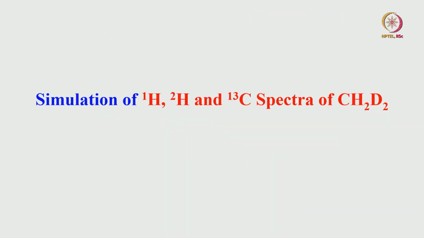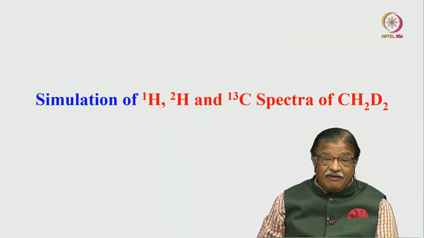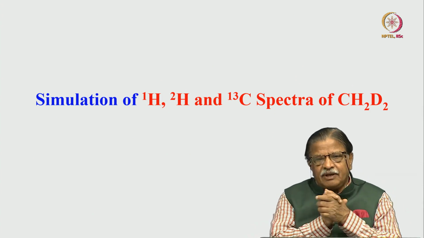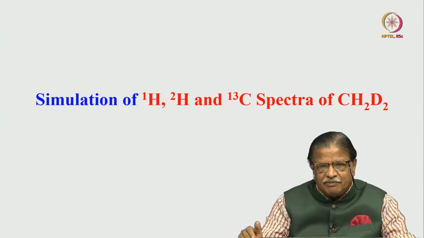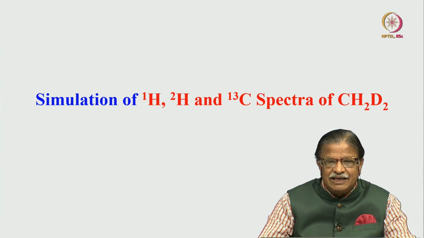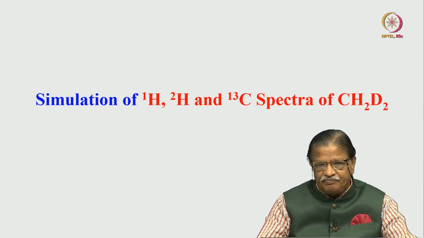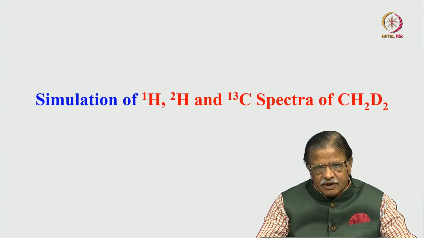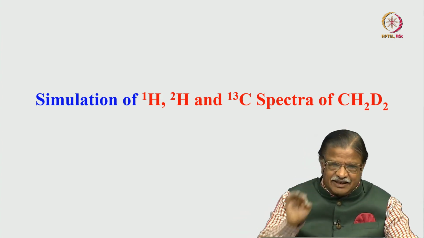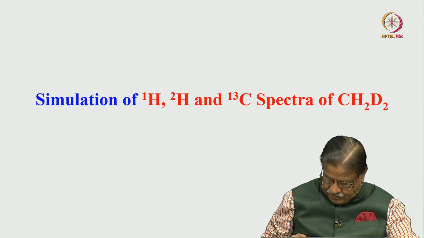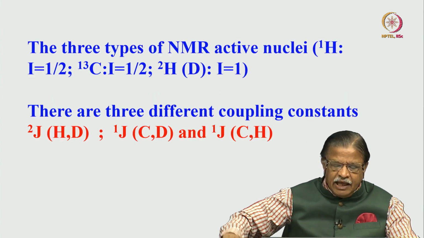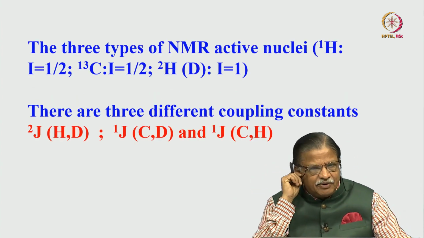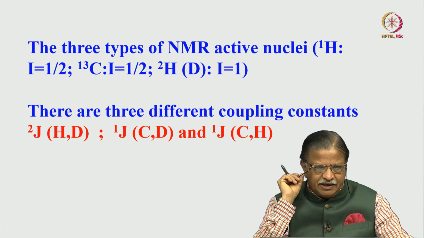Okay, we will go to a real example where I am simulating proton, deuterium and carbon 13 spectra of a molecule called CH2D2, dideuteromethane. We have to synthesize this spectrum, simulate it. Remember, this molecule has 3 NMR active nuclei. Which are they?